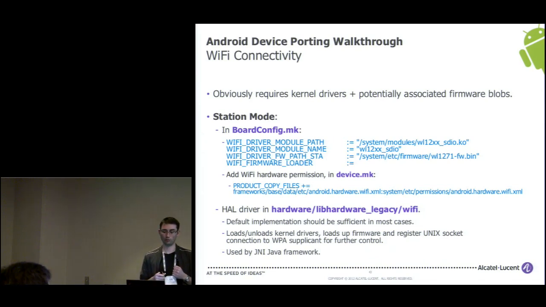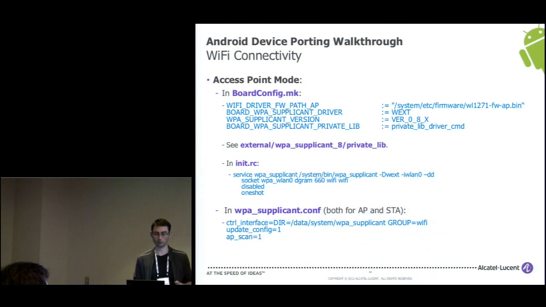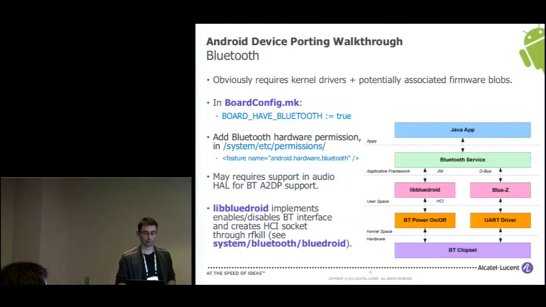So if you want to change something within the Wi-Fi, you may not only have to modify the HAL, you may also have to modify the init.rc file. So there are a lot of things that have to be modified. The same goes for the access point support.